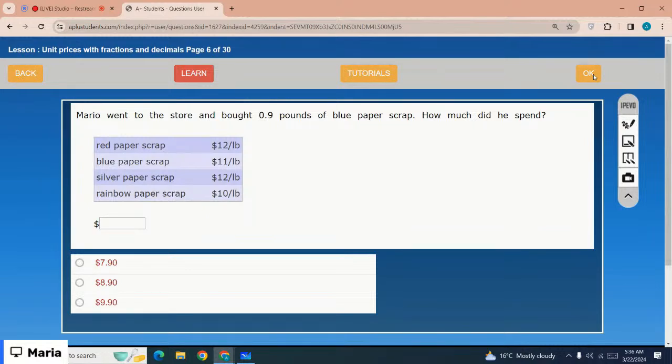That is $9.90. Okay, stop arguing. Option number one is the correct option. That is $7.90. Sorry, $9.90 it is. Option number three is the correct option.